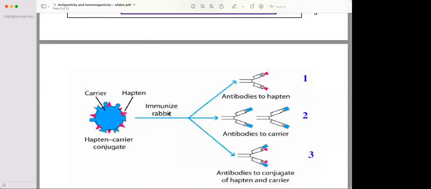Antibodies in this rabbit or mouse model would be produced which can react to the hapten. Antibodies would also be produced which can react to the carrier molecule. And antibodies can be produced which can react to the conjugate, both the hapten and carrier molecule. This makes the use of a carrier molecule combined with a hapten to make a vaccine much more important.